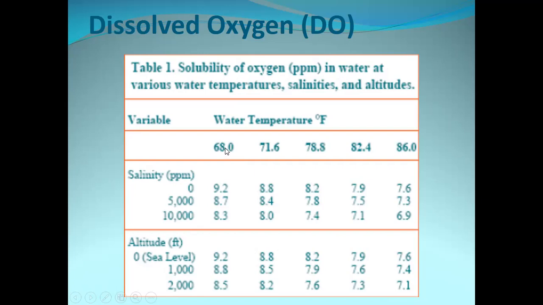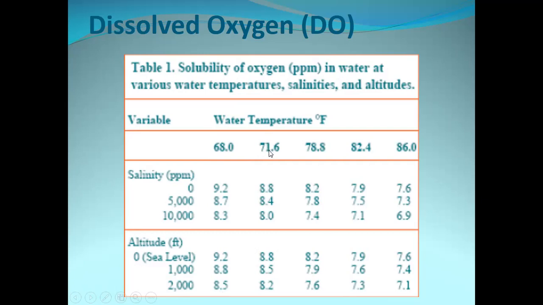If you keep the same temperature and the same salinity, but your altitude increases to 1,000 feet above sea level, your dissolved oxygen will now be 8.8 ppm as opposed to 9.2. All the other variables are the same, but as altitude increases, the amount of oxygen decreases. If you go to 2,000 feet above sea level, the amount of oxygen that can remain in the water also decreases.